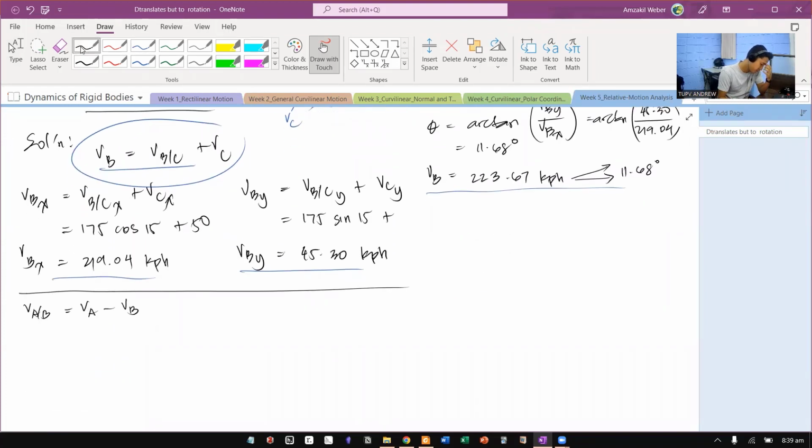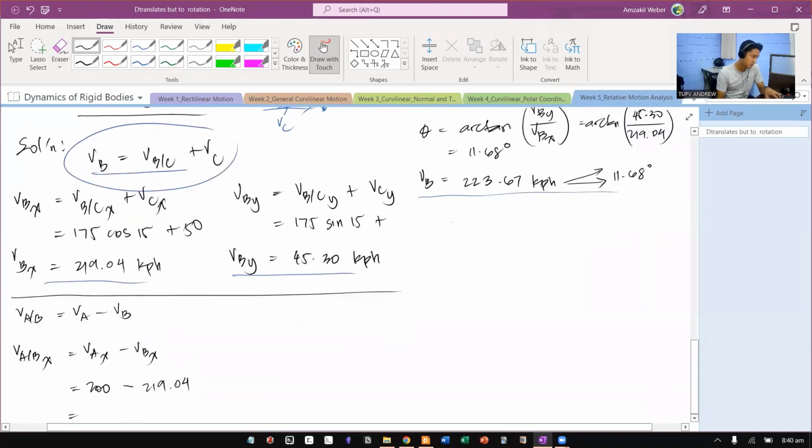So VA/B x is VAx minus VBx. VAx is 200 minus VBx, which is 219.04. They are both to the right. So 200 minus 219.04 is negative 19.04.